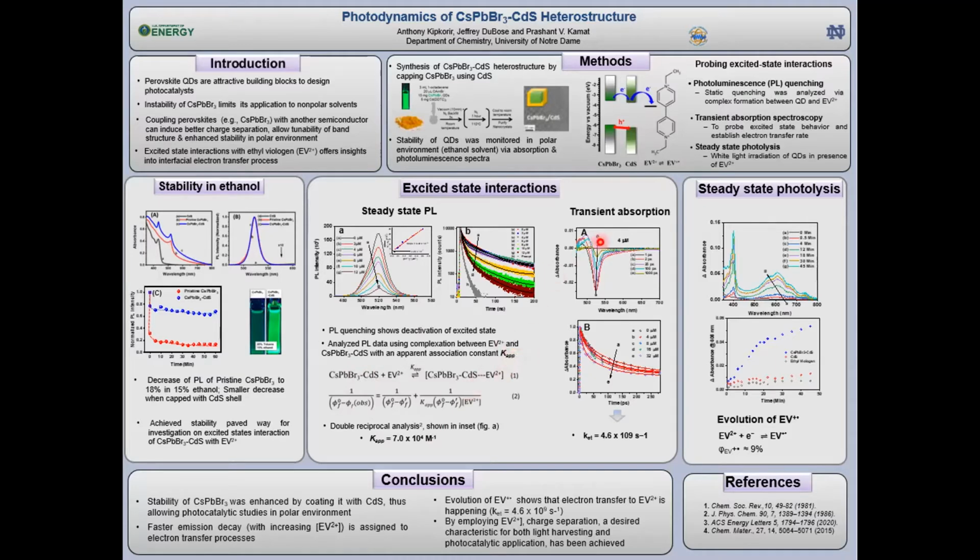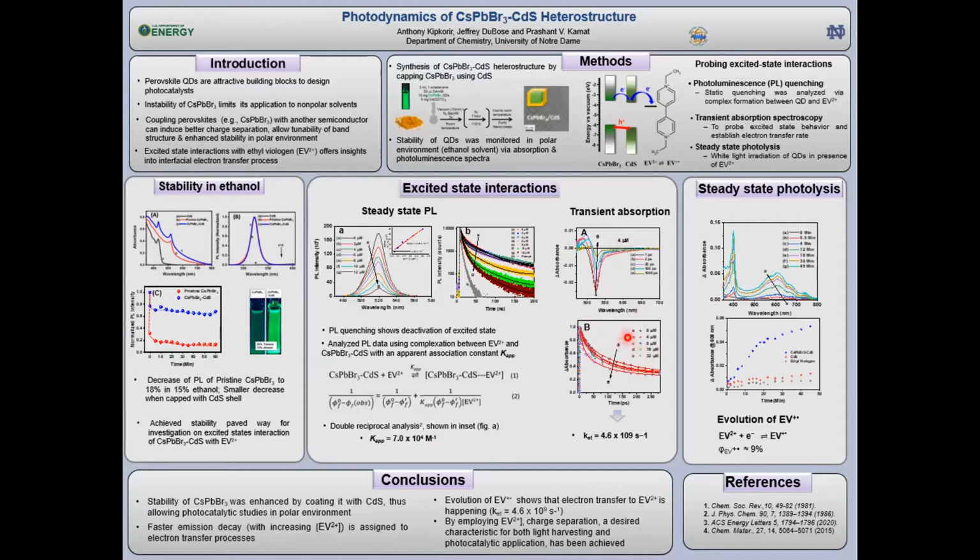And just to give us insight into what is happening, because you cannot resolve it using the PL decay, because you're operating on a nanosecond time scale, and the resolution goes up to 10 nanoseconds. But now we need to see things that are happening on picosecond time scales. That's why we are using transient absorption spectroscopy. And again, we see a similar trend.